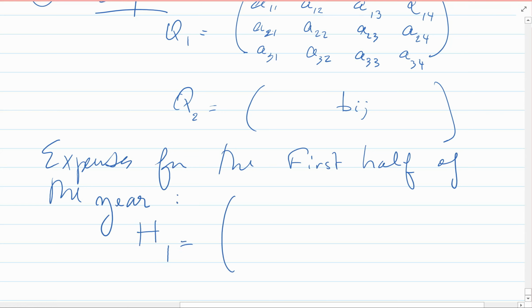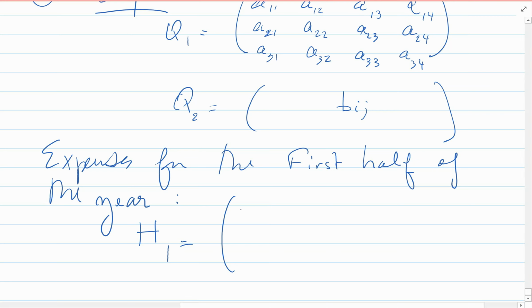What we are going to do is the expenses for every item. For example, family 2, food. Food expenses for family 2 for the first half of the year will be the expenses in the first quarter added to the expenses of the second quarter.